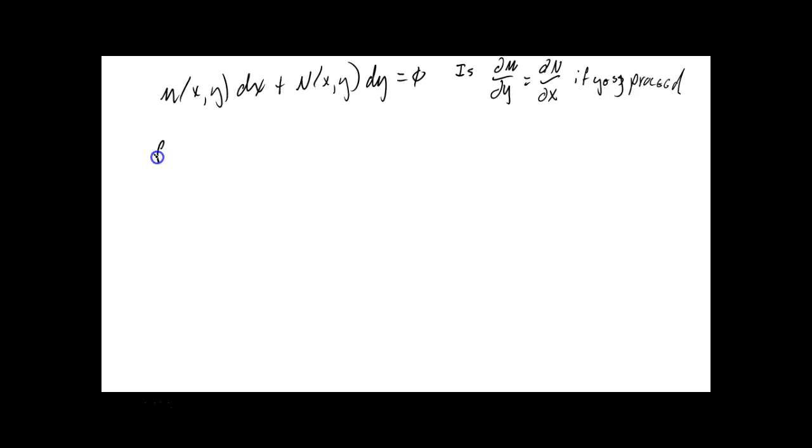Remember our whole assumption here: there is some function f of x and y that's equal to a constant. If that's the case, remember where we started, the partial of that f with respect to x is going to be your M of x, y.